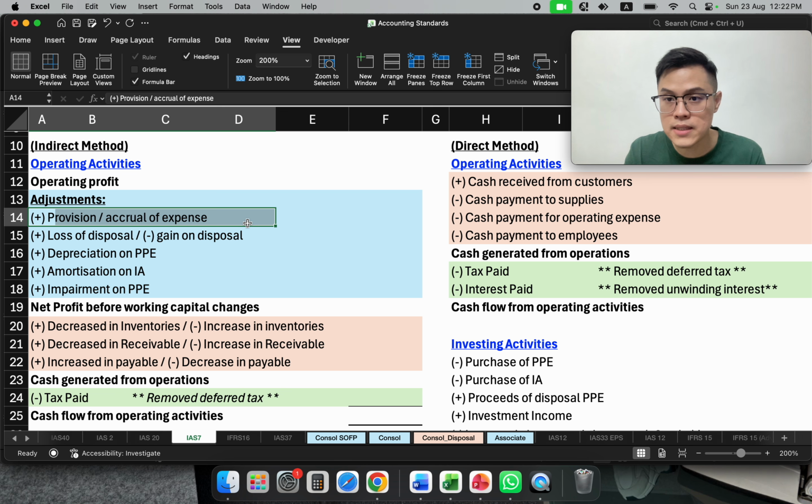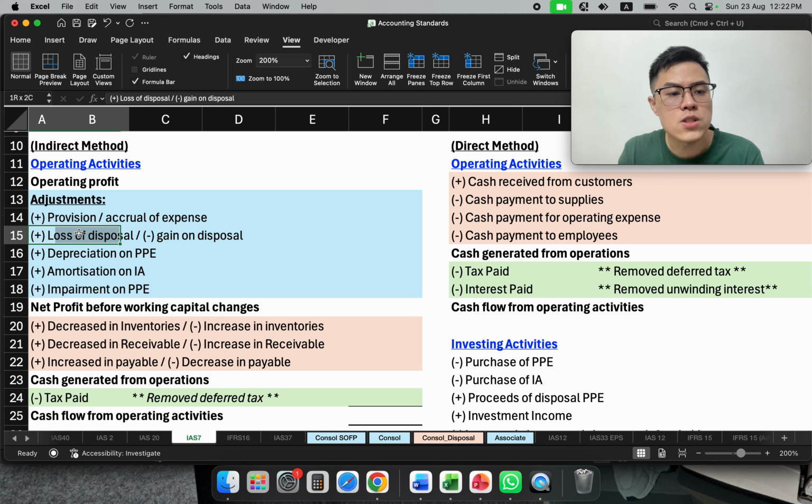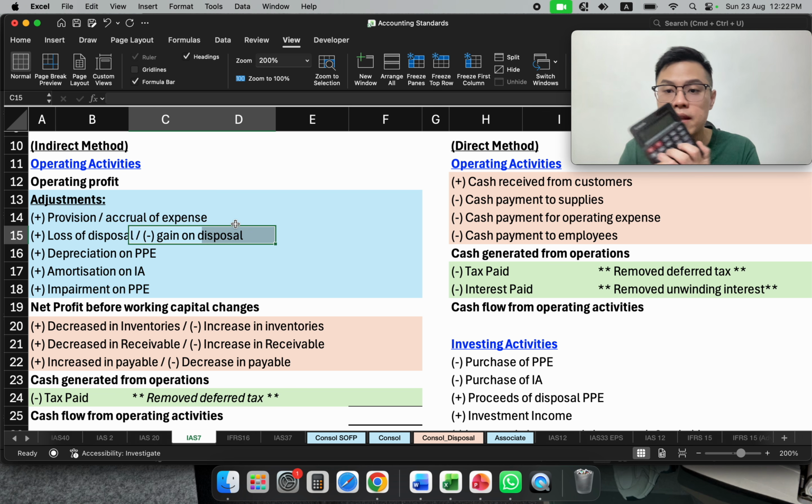That provision happened in this year, so please add back, treating it as if the provision never happened, because it is a non-cash item. You don't really pay that in that year; you made the provision to adhere to IAS 37. Therefore, we add back. Or add back any loss on disposal, minus any gain on disposal. Example, I have this calculator worth $100, but I sell it to another person for 150. So when I sell, I receive 150 and the cost is actually 100.